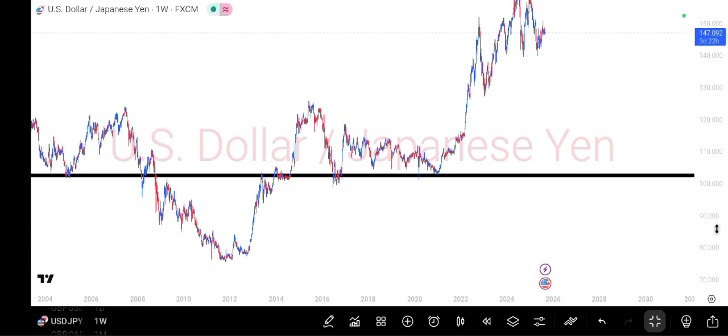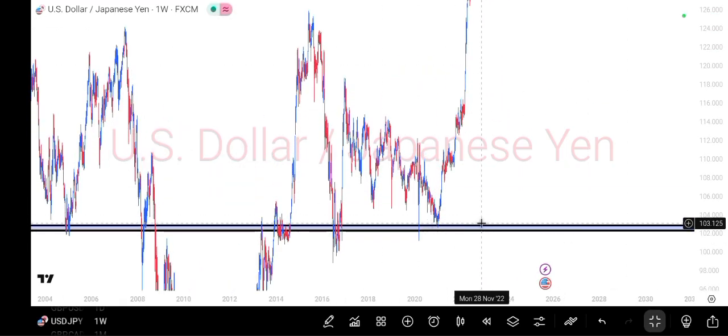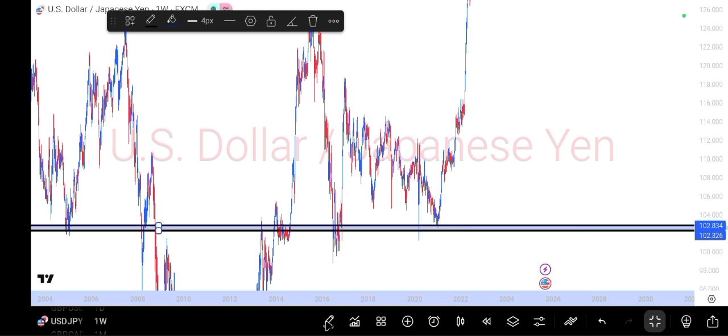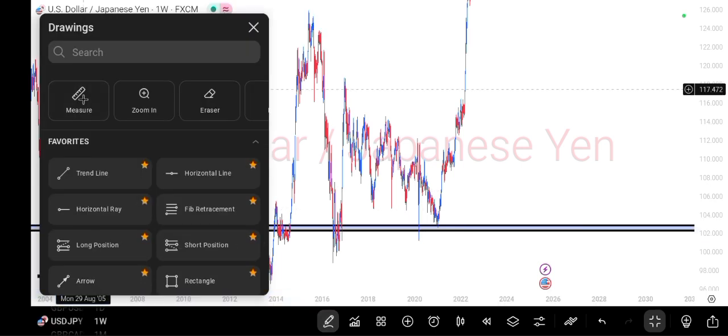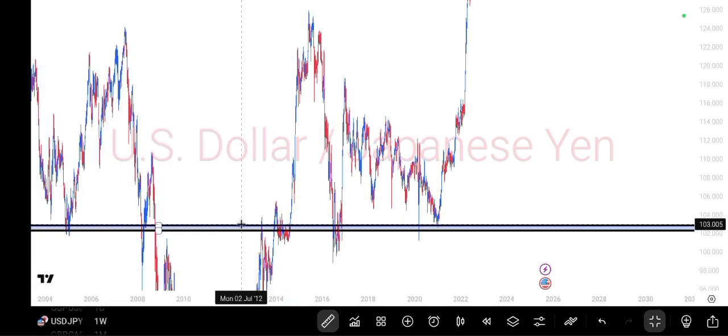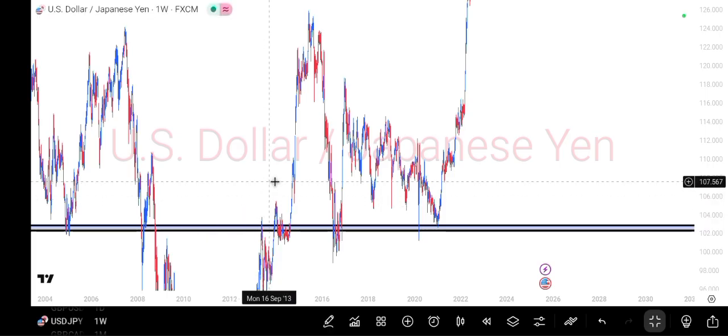So I will now go straight to my weekly time frame. Let me check the width of the candle. Okay, we're good to go.